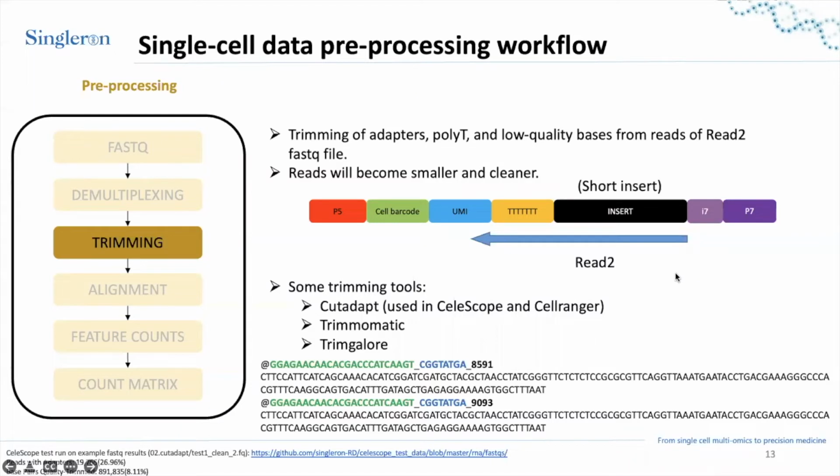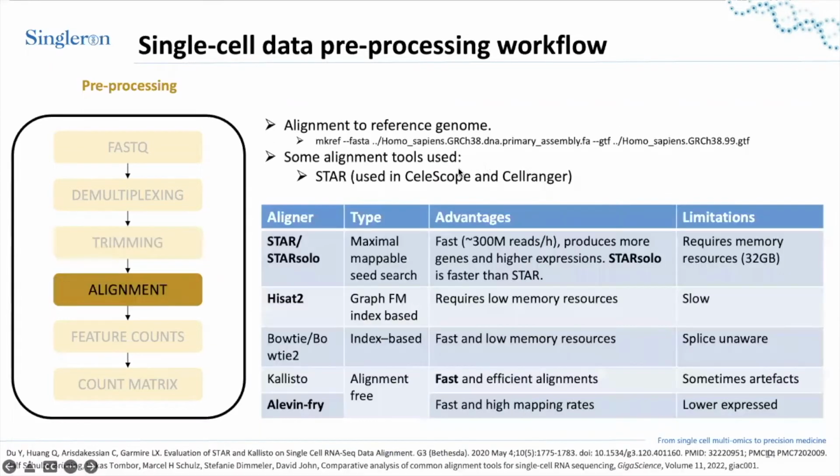And 8% of the overall bases were low quality, so they were also trimmed off. And from here, after we obtain the cleaned, trimmed reads, now we can align these reads to the reference genome.